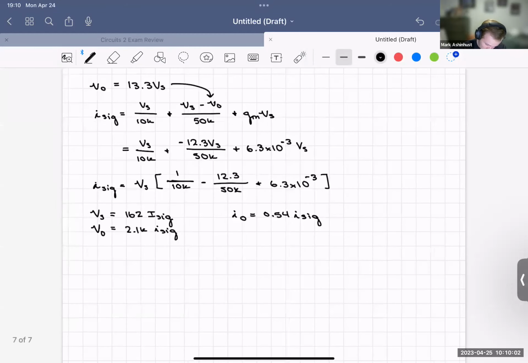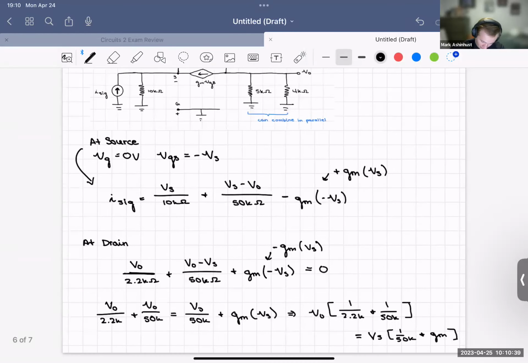We can look back: we have V out is 13.3 VS. If we know that VS is 162 I sig, we can plug that in for V out. So we have 162 times 13.3 I sig, so we get 2.1K I sig. And then we can get I out from there because we have our equation written for I out.